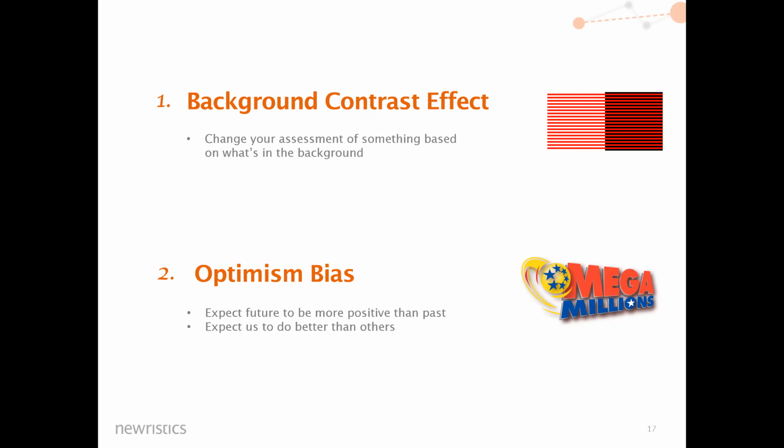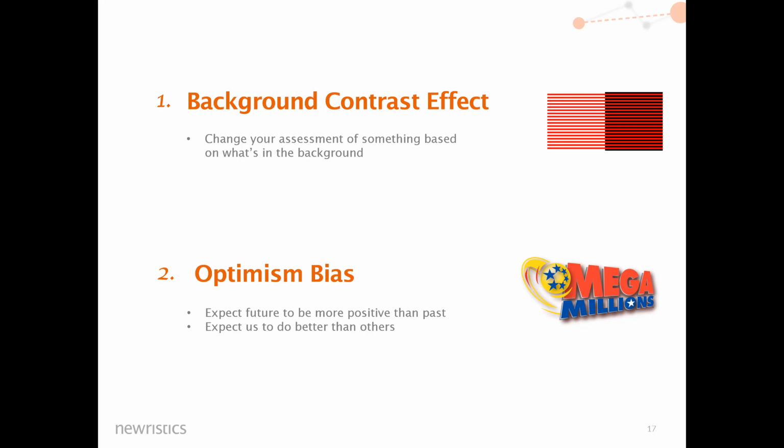This background contrast effect heuristic could also already exist in your disease state, whereby because of the competitive set of brands that exist in the marketplace, or because of the way physicians or patients make treatment decisions, there might already be naturally occurring backgrounds that the physician or the patient is being influenced by when they're making decisions, which you might want to take advantage of, i.e. feed, or you might want to remove those backgrounds, clarify them or change them, and that would be equivalent of fighting the heuristic.